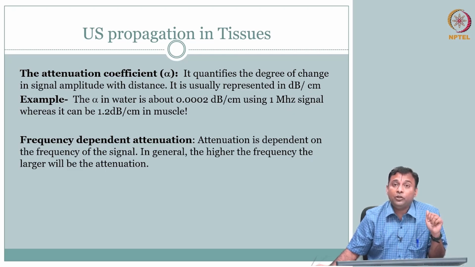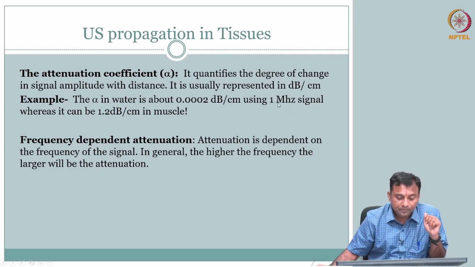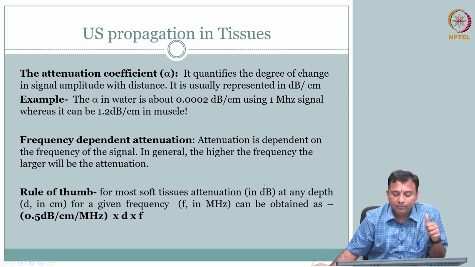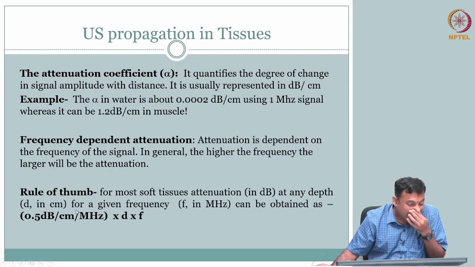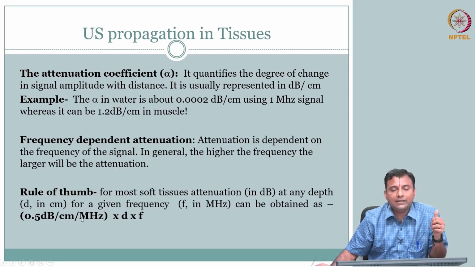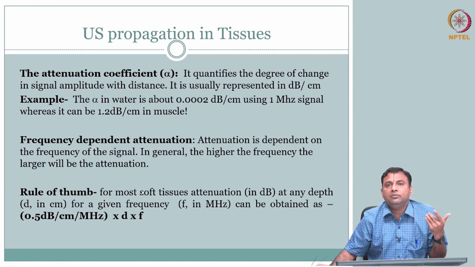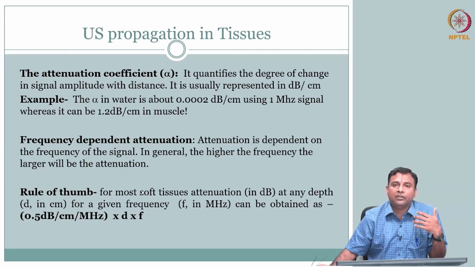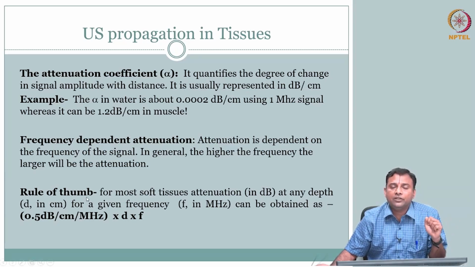Okay, better will be your resolution. Okay, so rule of thumb for most soft tissue, you can get about half a dB per centimeter per megahertz. So depending on your problem, the acceptable level of image quality in terms of SNR, in terms of resolution, you pick a frequency of choice.